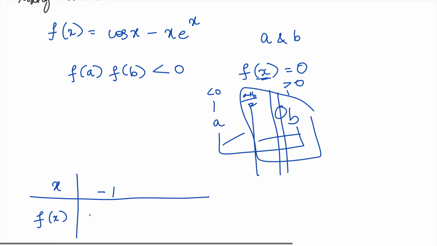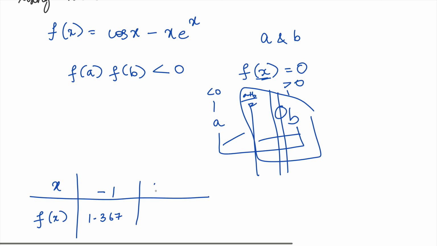So it would be 1.367. Just one small note here: we should change the mode to radians in some of our calculators. By default it might be degrees. So for correct results we have to change it to radians while solving the questions.